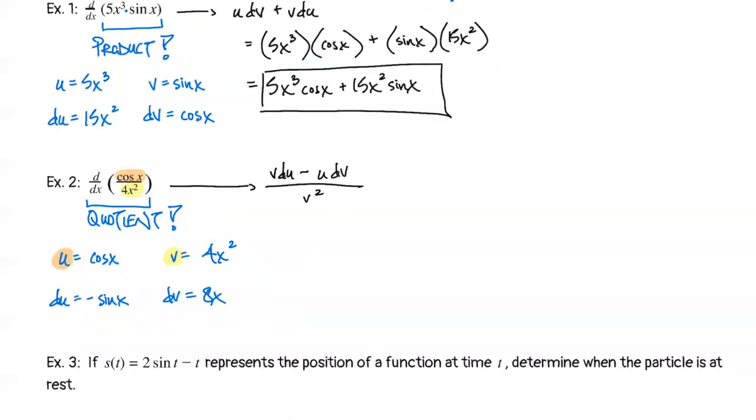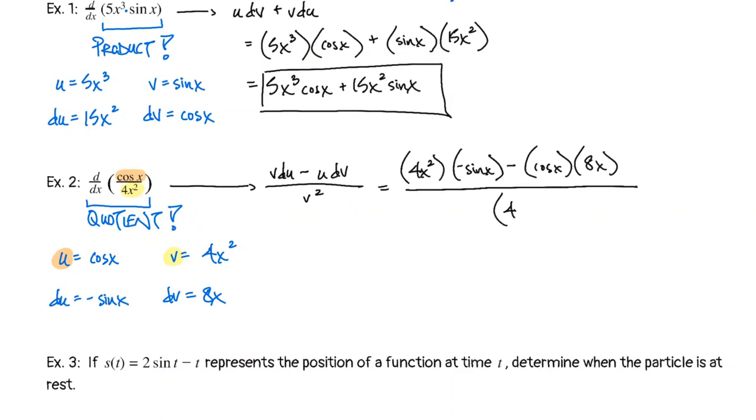So let's give ourselves a little space and we'll get v times du minus u times dv all over v squared. This right here to me is like 8.5 out of 10, 9 out of 10. Like you've done most of the work already.